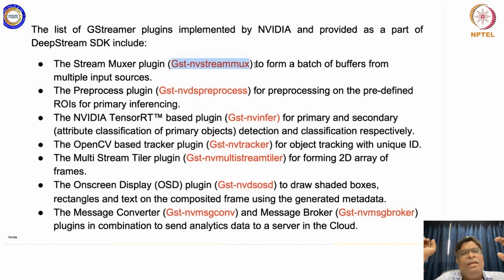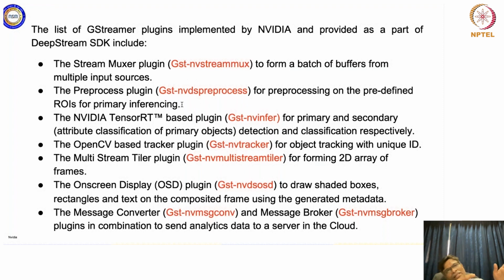And then the pre-process plugin or GST NVDS pre-process is for pre-processing on the predefined region of interest for primary inferencing. So the idea is you will have a preprocessor plugin which will help you to pre-process the data based on the region of interest.